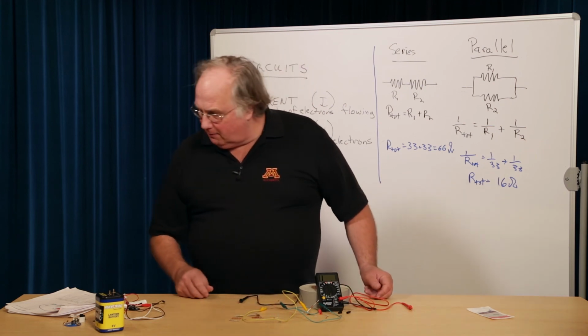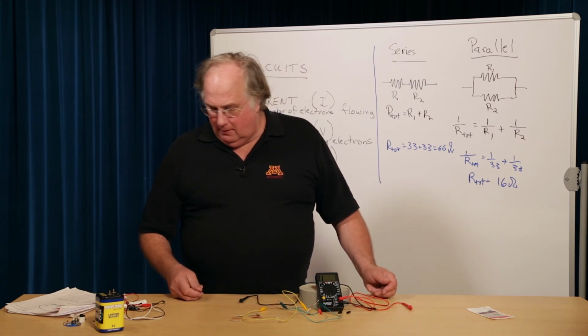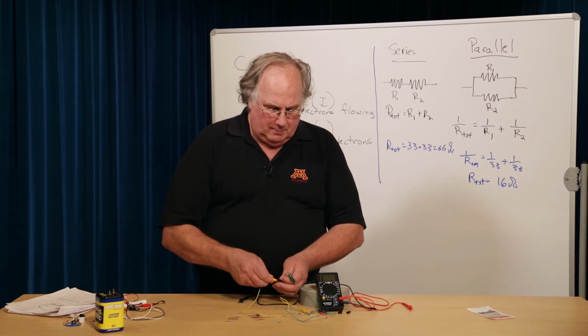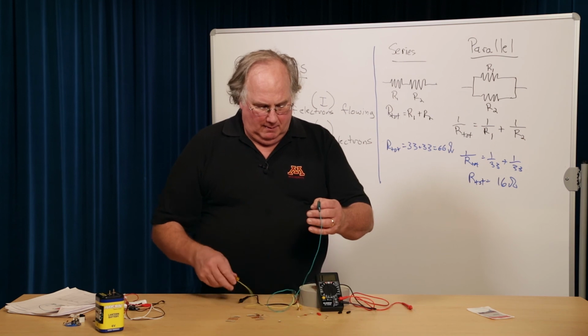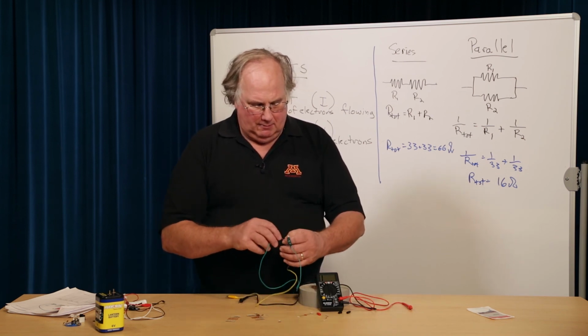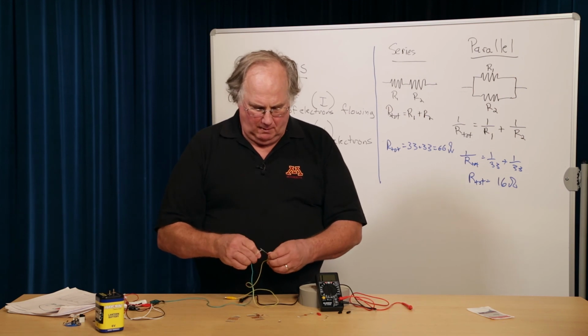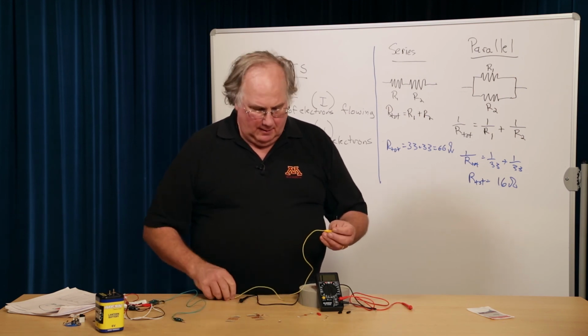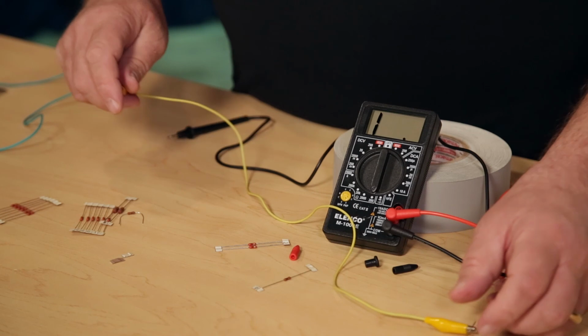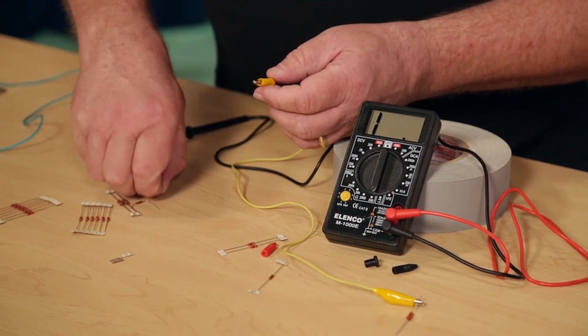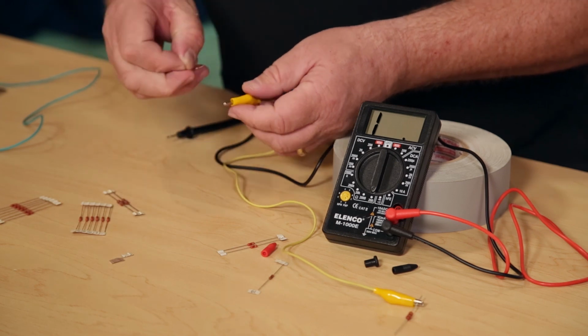Let's try a more complicated one where they're not the same. I'm just going to build this, I think, and let you figure out what you expect. What I want you to do is to take a 10 ohm resistor and put it in series with a 33 ohm resistor.